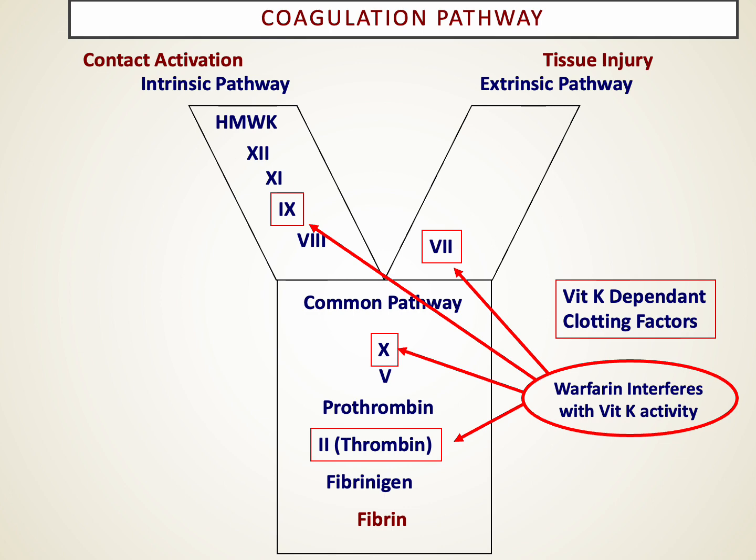So that basically means that if your body has those clotting factors in you right now, or you give somebody fresh frozen plasma, which has those clotting factors in it, or you give them one of the new factor derivatives, all of those will immediately give someone new clotting factors. All warfarin does is prevent your body from synthesizing future clotting factors, not interfere with those clotting factors if you're giving them intravenously.